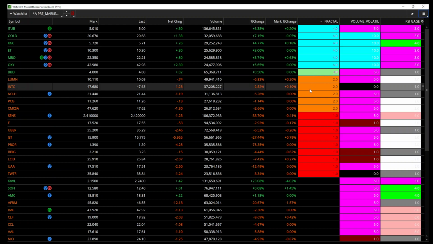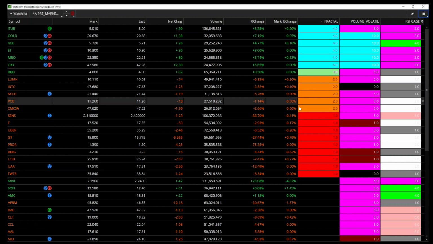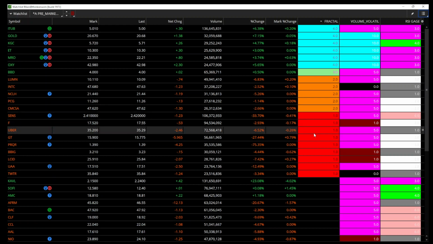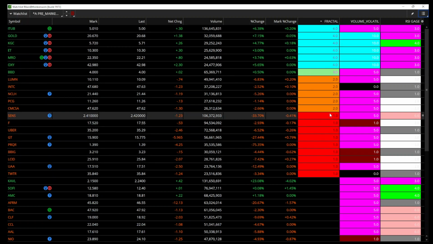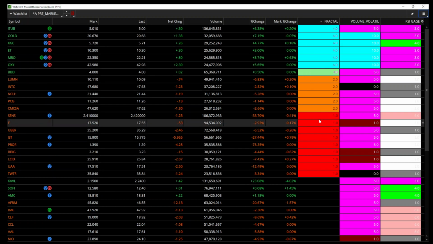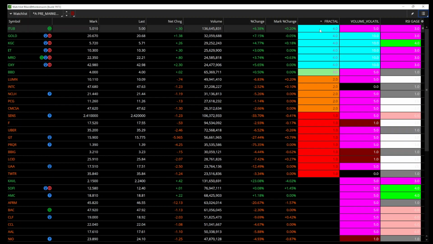You get an orange line anytime there's a new fractal supply zone created, and you'll get red anytime there's a breakdown below a demand zone. And that's what these colors represent. These numbers, I mean, it's just if you want to orient your watch list column from the best to least.